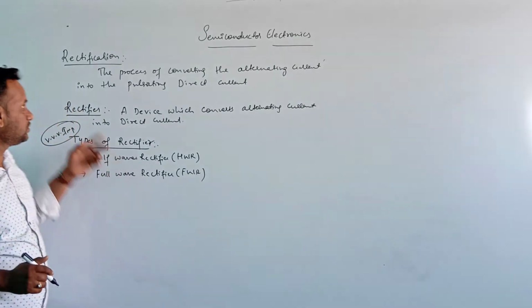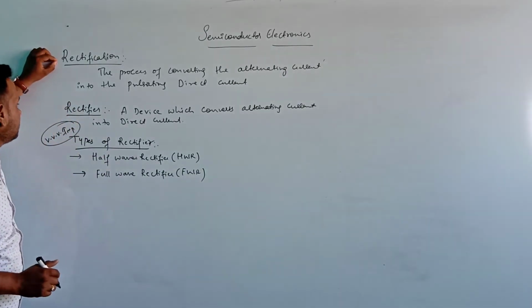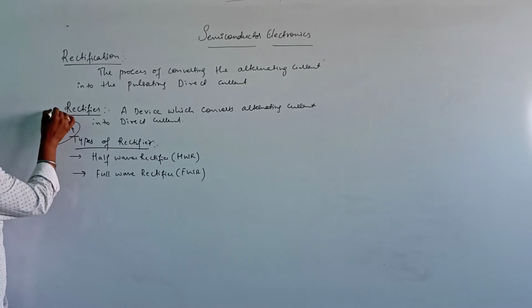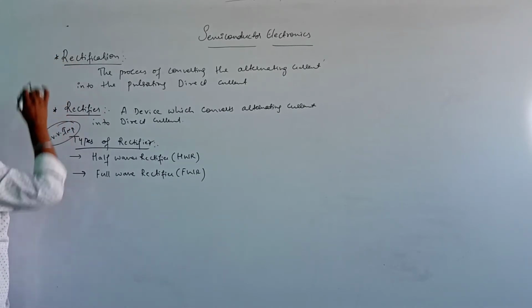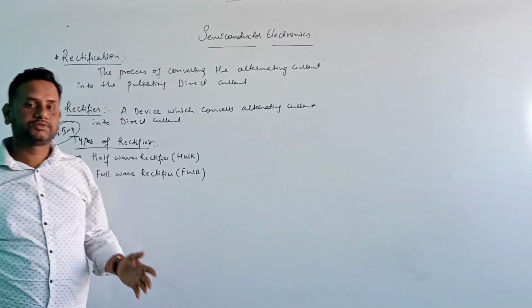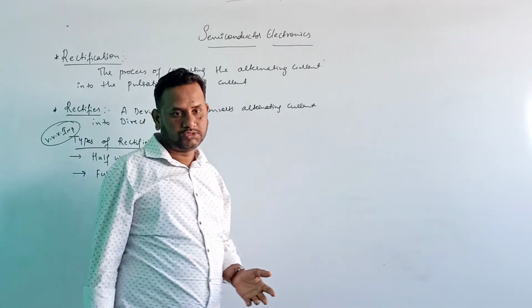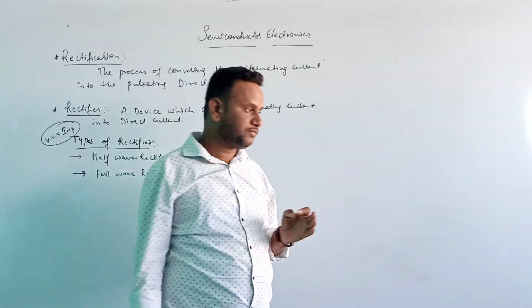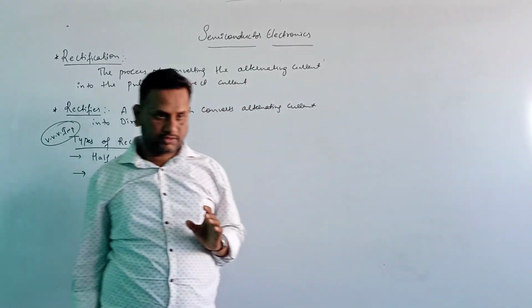So you should know the definition of rectification, what a rectifier is, and the types of rectifier. Name the two types: one is the half wave rectifier, the other is the full wave rectifier.